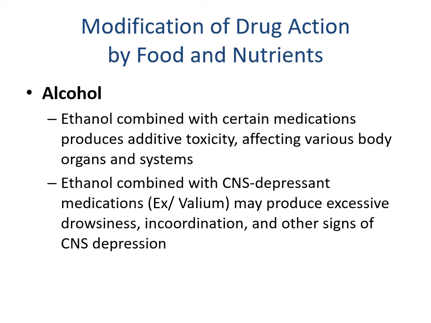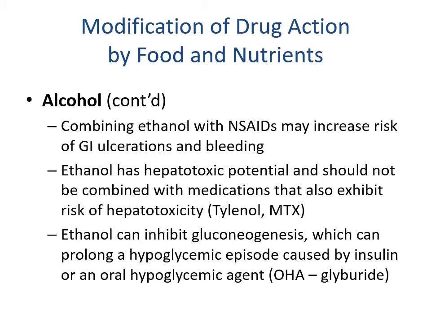Looking at alcohol, ethanol combined with certain medications produces additive toxicity affecting various organs and systems, and ethanol combined with central nervous system depressant medications, for example Valium, may produce excessive drowsiness, incoordination, and other signs of central nervous system depression. Combining ethanol with NSAIDs may increase the risk of GI ulcerations and bleeding.